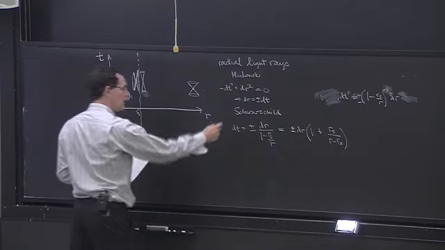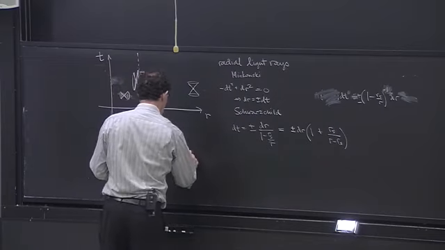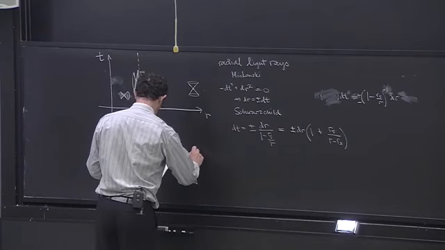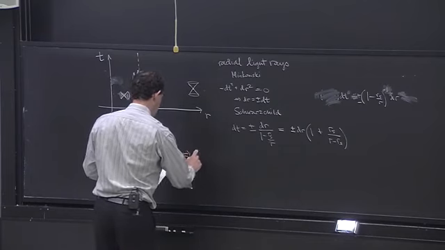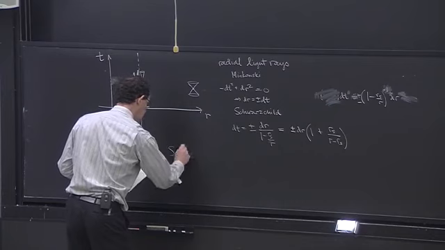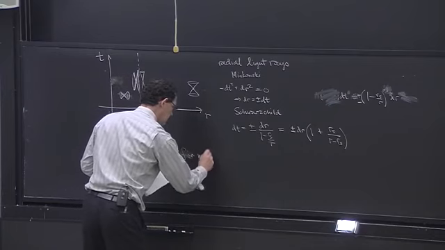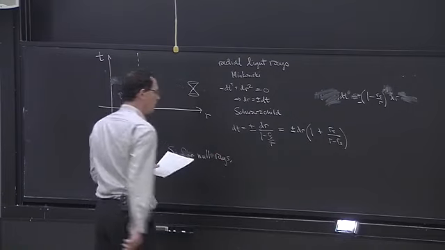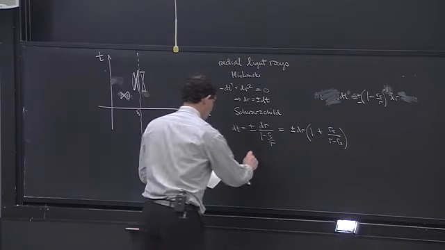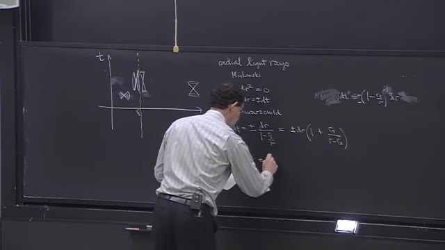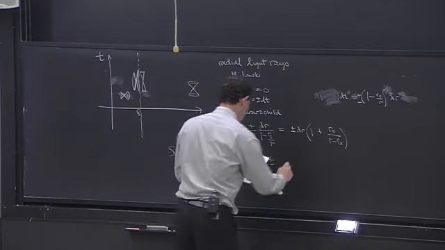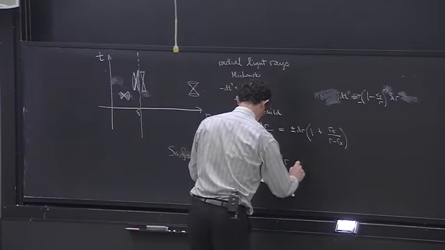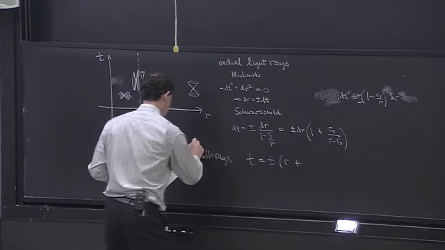So now this we can integrate. So for null rays, we can integrate this equation. t equals plus or minus r, radial null rays.